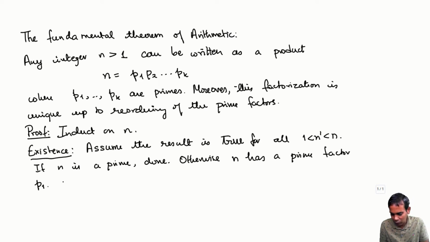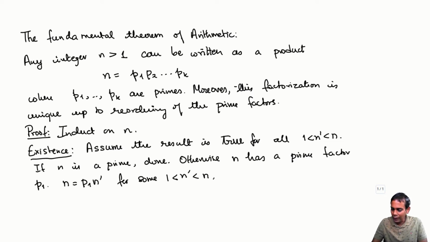So we have n equals p1 times n' for some n', and this n' is going to be strictly greater than 1, because we assumed that n was not a prime, and it's going to be of course less than n, because p1 itself is a prime number and therefore greater than or equal to 2.